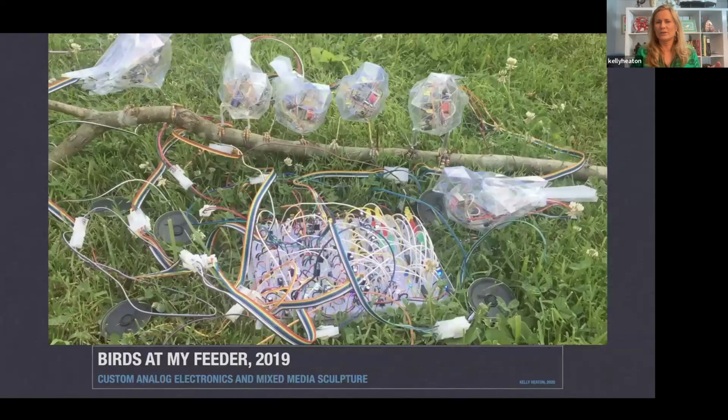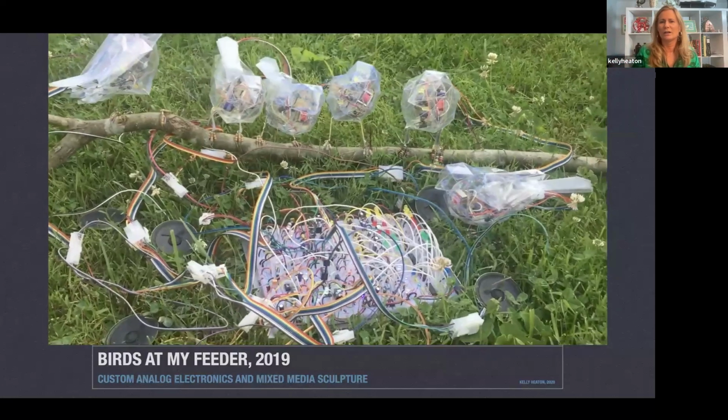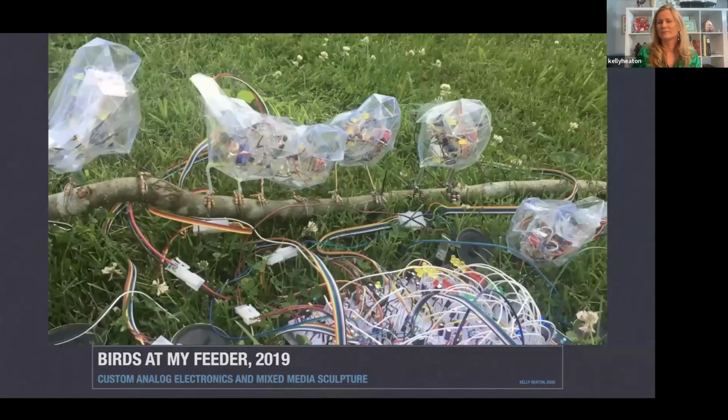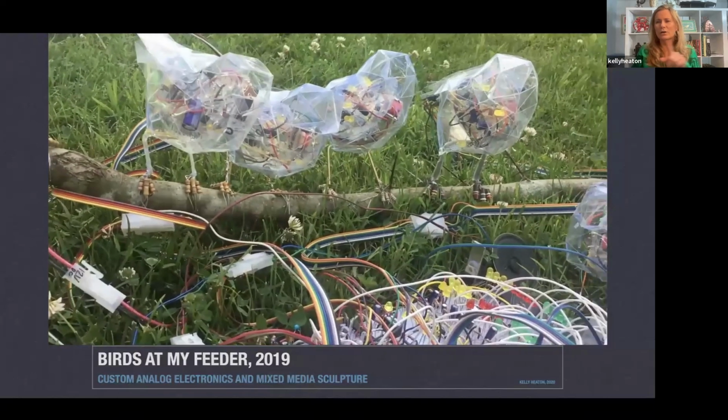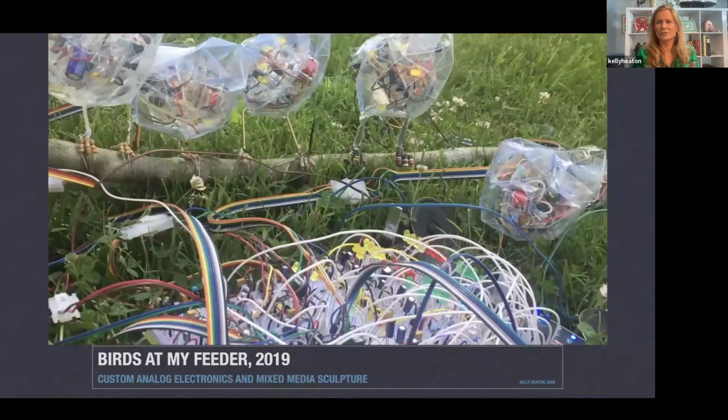So here I am with a bunch of my sculptural circuits and the central board I called my Mother Nature board, where I built a completely analog electronic sequencer to sequence when the birds would sing. So all the sounds we are hearing are analog electronic.